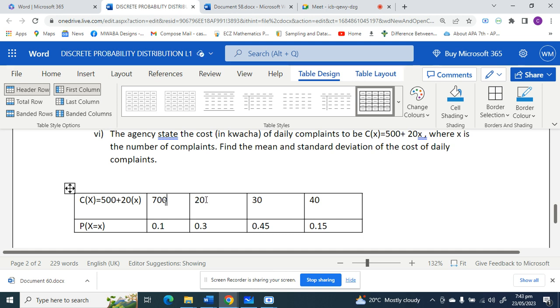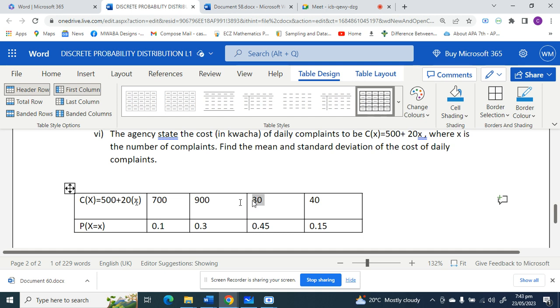Let's find the cost of 20 complaints. So this X here, we replace it with 20. What do we get? 900. That's the cost of 20 complaints. This 30 here, we replace it with X here.